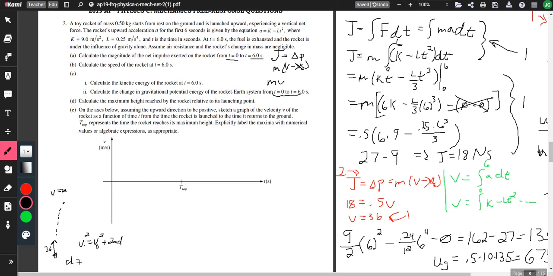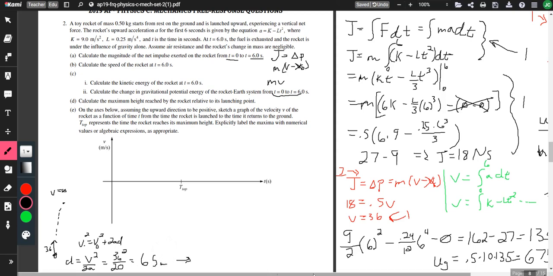So the distance would have been the final velocity squared divided by 2a. This 36 squared. It's being affected only by gravity, so this is going to be 2 times 10. So 36 squared divided by 20 is essentially 64.8. I'm just going to round that to 65.